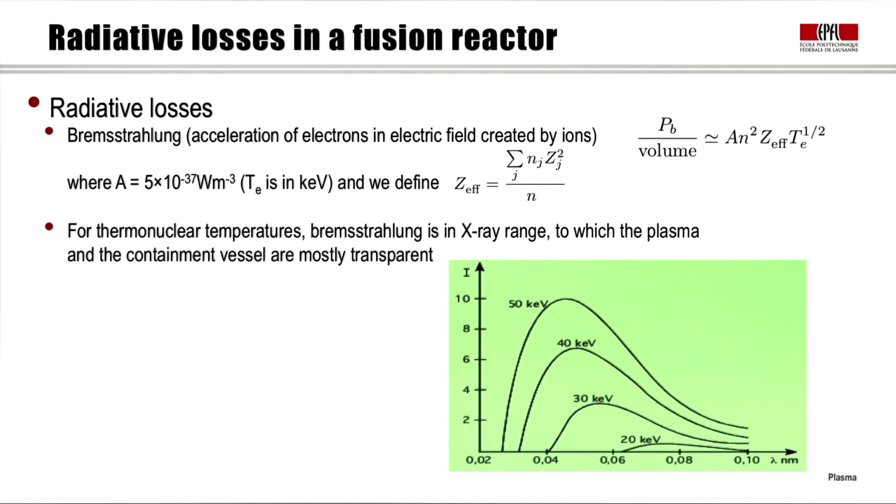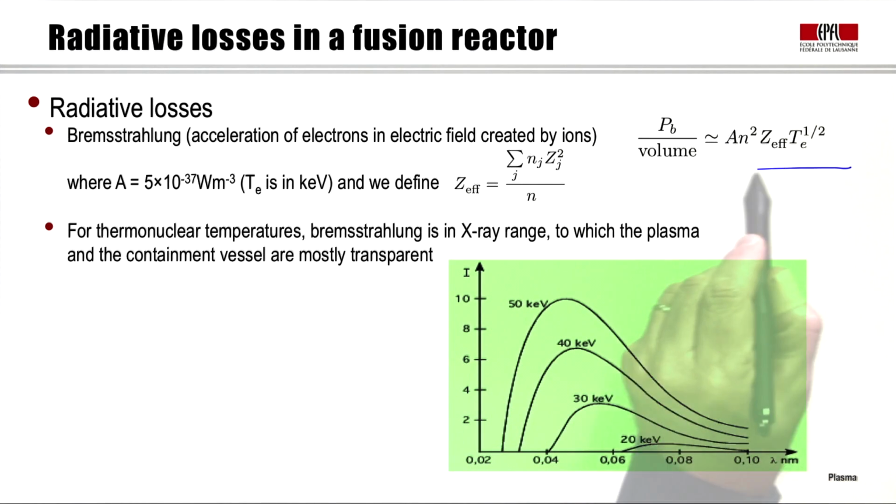Let's look a little bit more in detail at the radiative losses. Radiative losses are in the form of Bremsstrahlung. This is the radiation that is produced by the acceleration of electrons in the field created by ions or by other electrons.